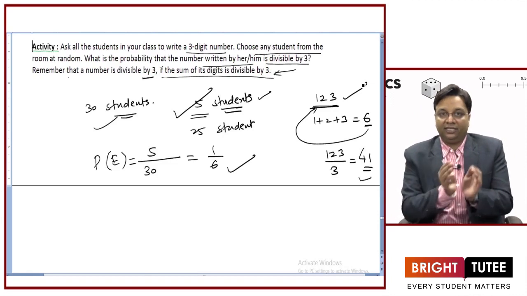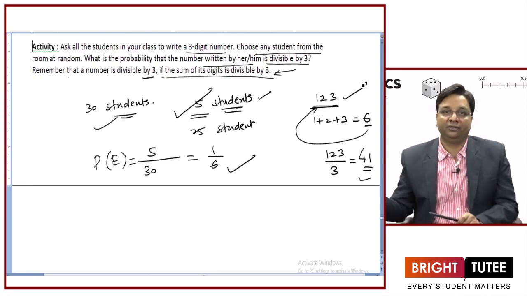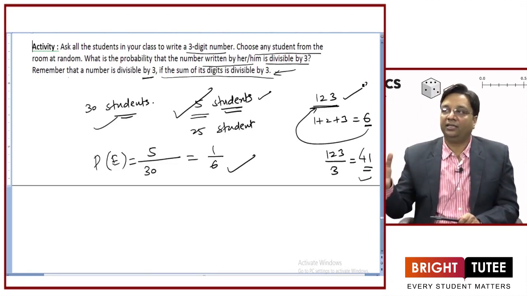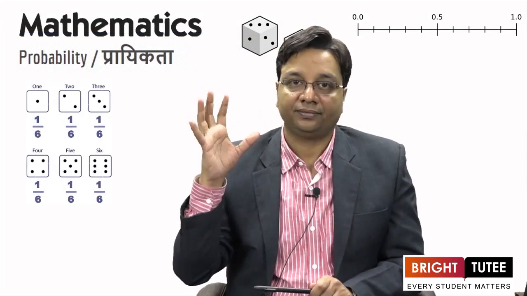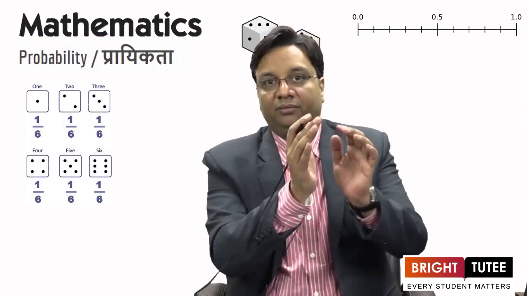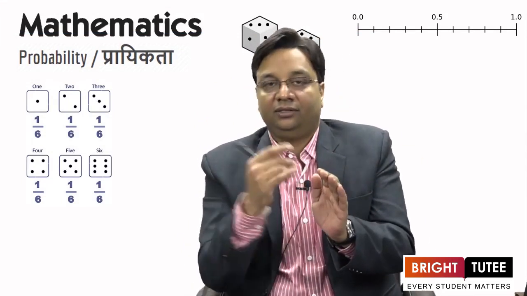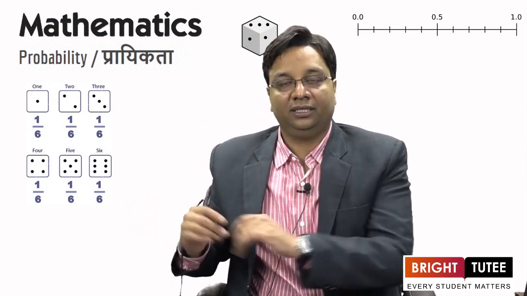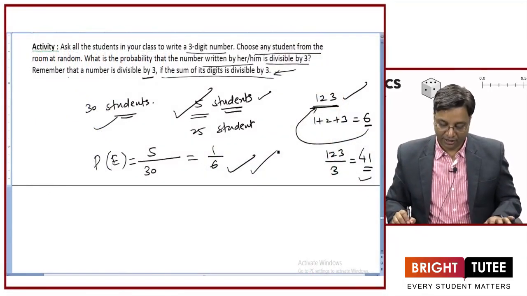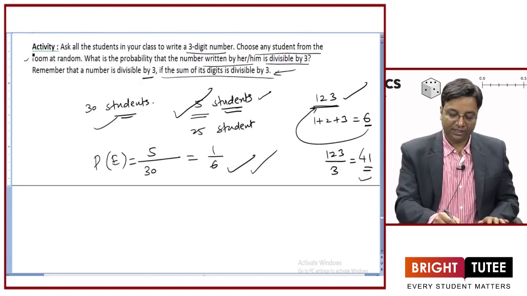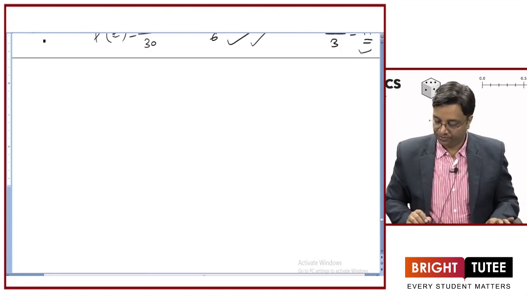So, you segregate those numbers. Let us say 40 students have written numbers and 11 of them are divisible by 3. So, 11 numbers are divisible by 3 and 29 are not, and then you calculate the probability like I calculated here. This activity is to be done by you.